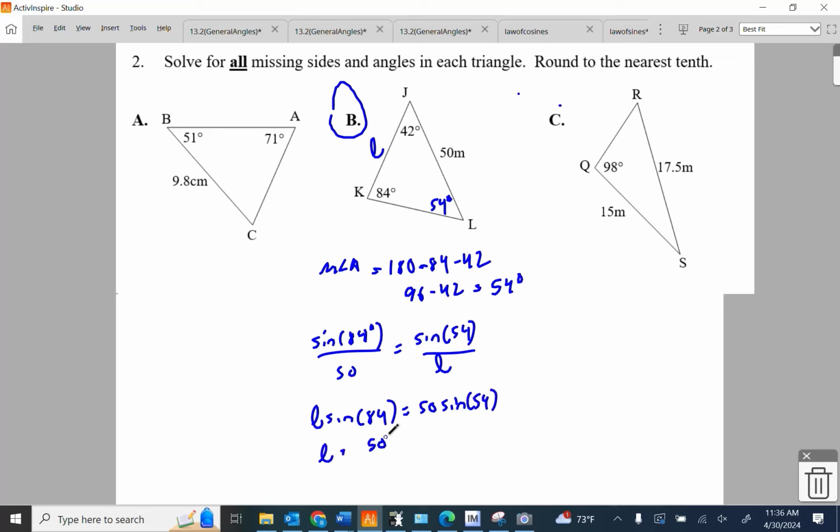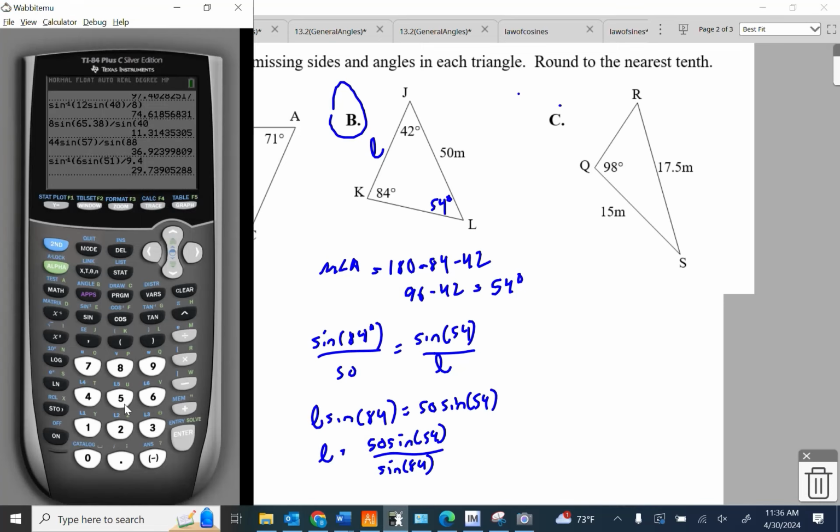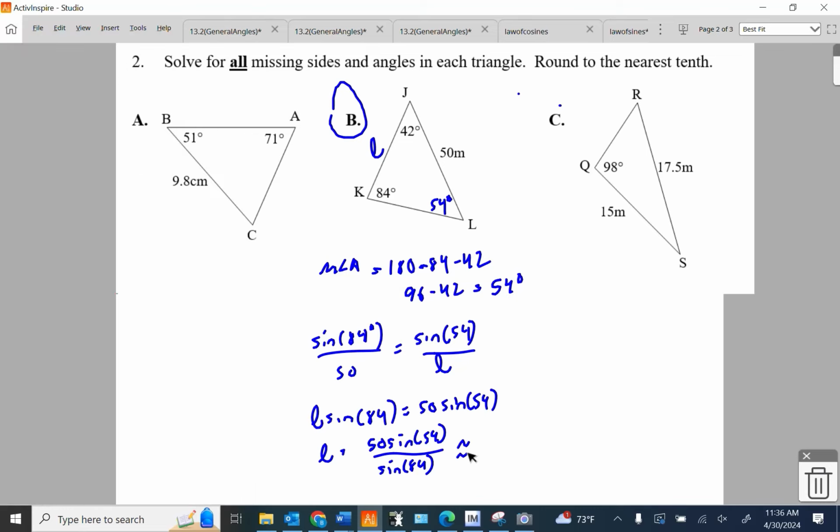L is going to be 50 sine 54 divided by the sine of 84. And then I push buttons. It's not a hard thing. 50 sine 54 divided by the sine of 84 is 40.67. Now you'd be tempted to do Pythagorean theorem, but don't. Some kids think you can do Pythagorean theorem, you can't.